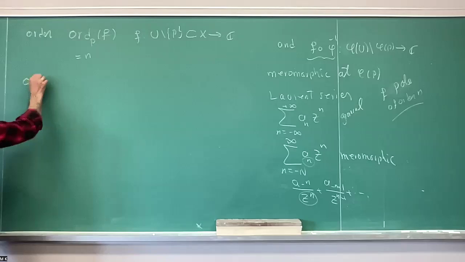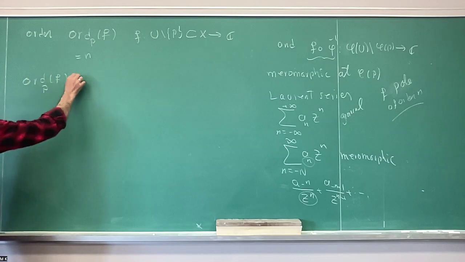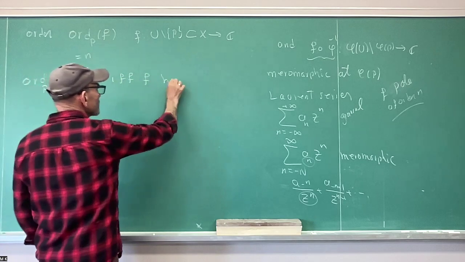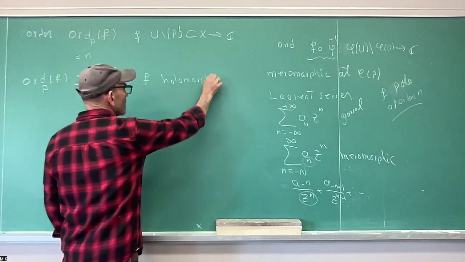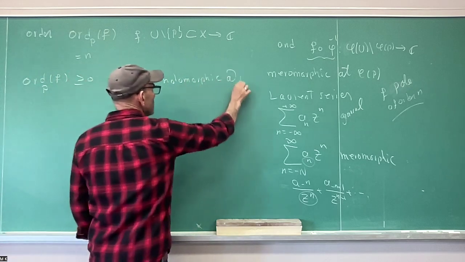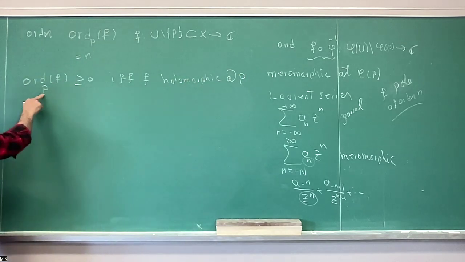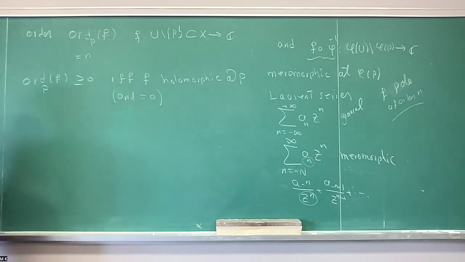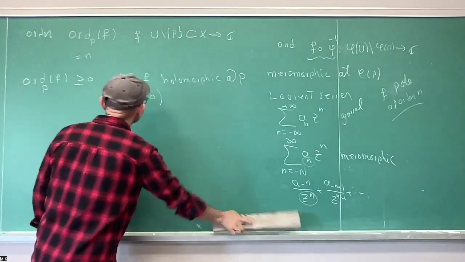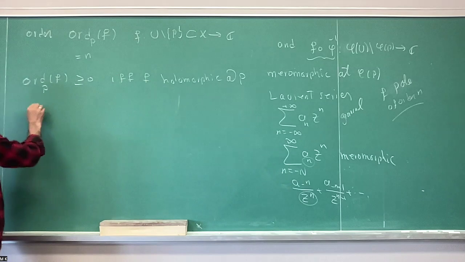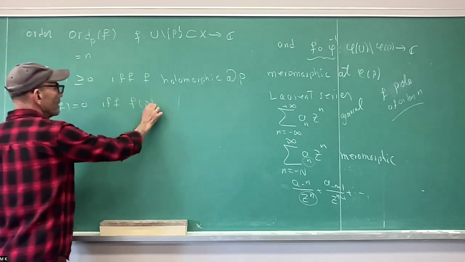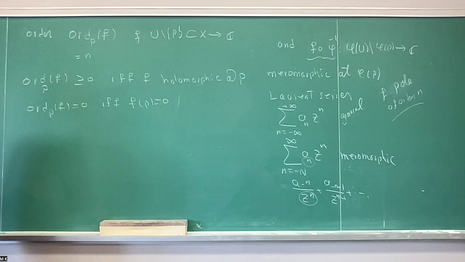So the order of F at P is bigger than or equal to 0 if and only if F is holomorphic at P. Order of F at P equal to 0 if and only if F(P) is different from 0.